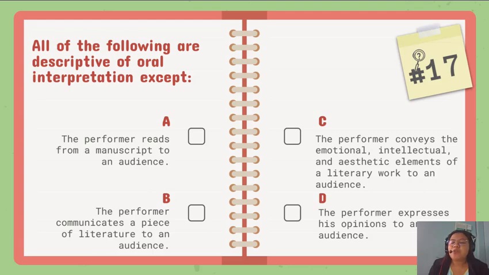Or D. The performer expresses his opinions to an audience. The correct answer is D. From the word itself, interpretation, the performer's goal is to help the audience to understand the piece by translating words into visible actions, but not imposing his or her own beliefs and understanding on the audience.